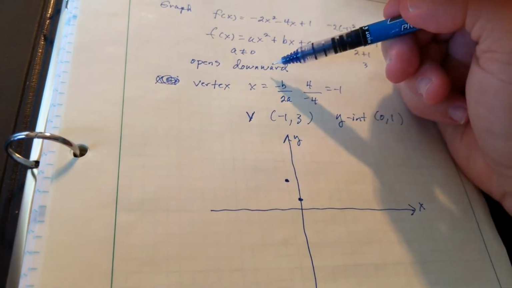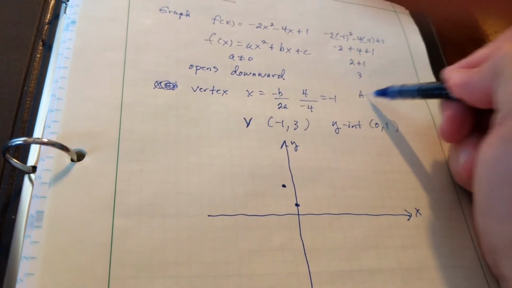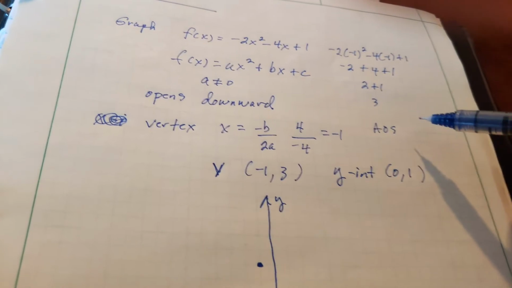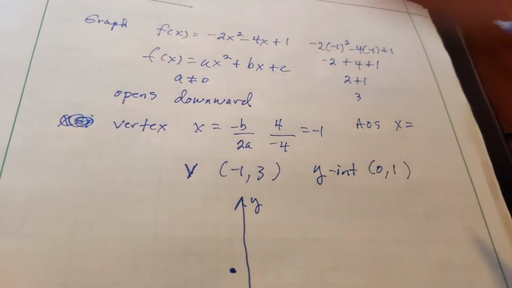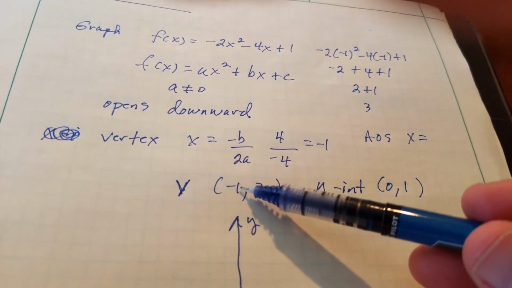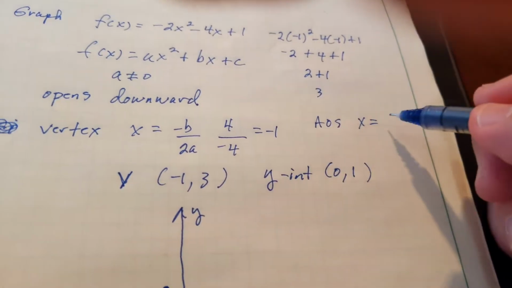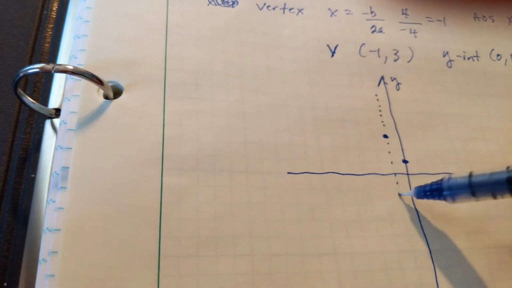And notice this is opening downward. I can also go ahead and do the axis of symmetry. The axis of symmetry is always x equals something, and that something is going to be the x value on this vertex here. So that's x equals -1. So I'm going to come over here at -1 and draw a dotted line.